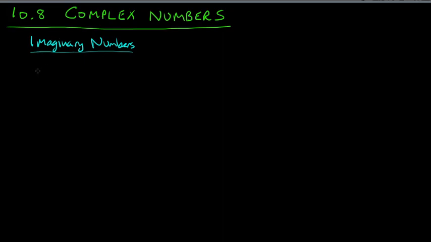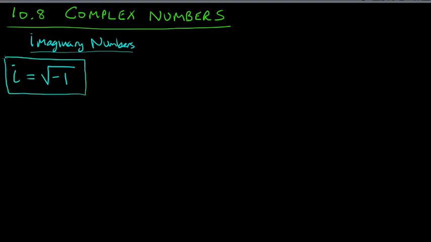Okay, so what is an imaginary number? Remember, we talked about the square root of, let's say, -1. This is not a real number. It's an imaginary number, and we're just going to give it a name: the letter i, for imaginary. That's the definition of i.